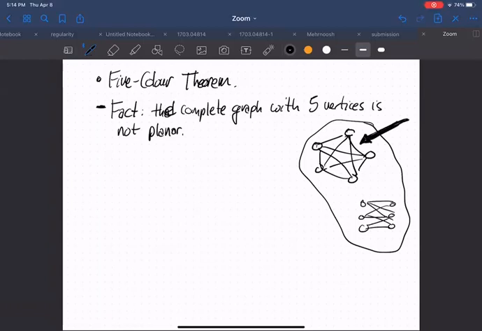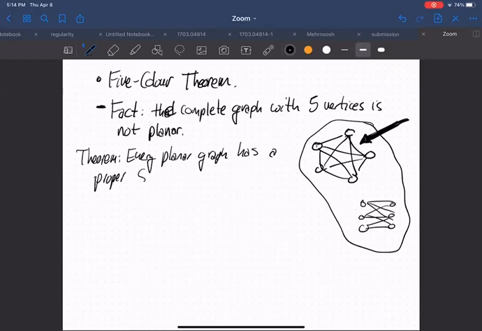All right. So we're going to do, again, the 5-color theorem, which is that every planar graph has a proper 5 coloring. Proof.